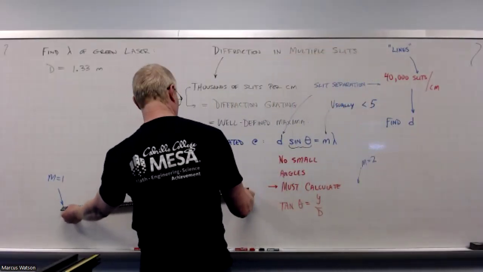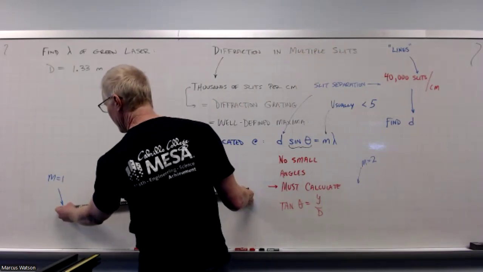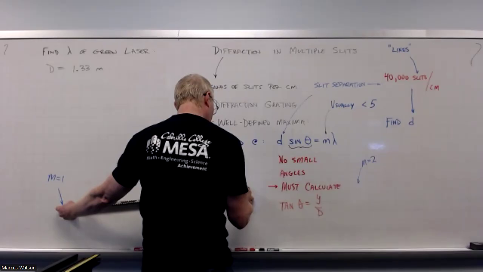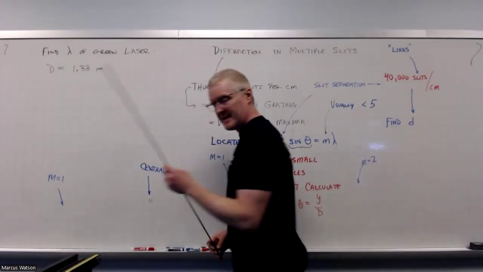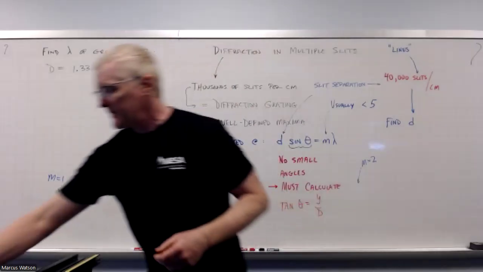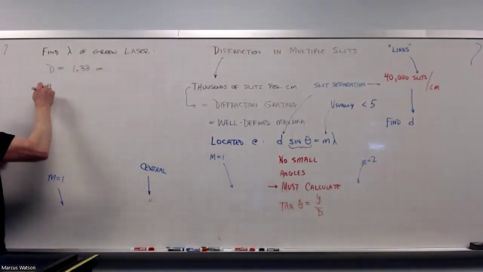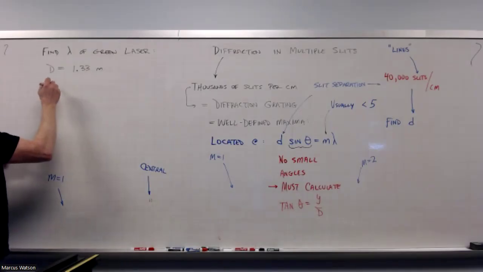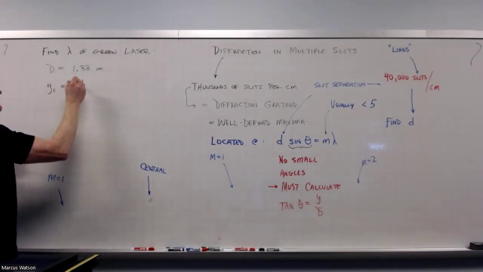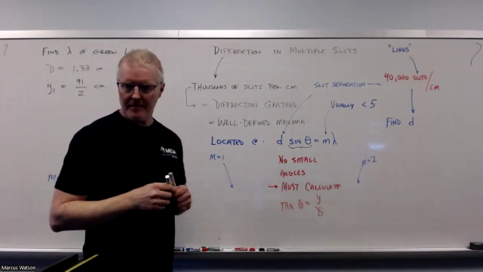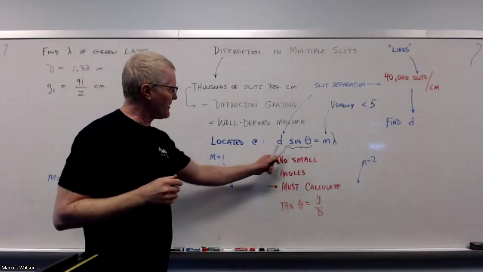So from here to here, it's looking like 91 centimeters. Okay. So I'm measuring the y distance. So this is really y. So y to 1 would be 91 divided by 2 centimeters. That will give me this.